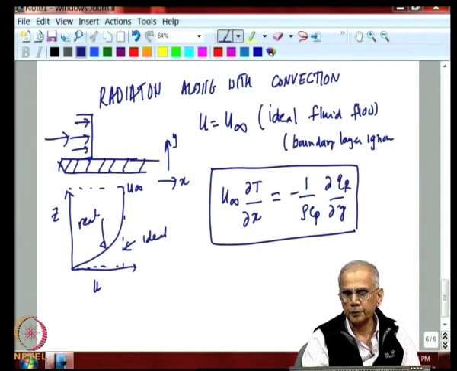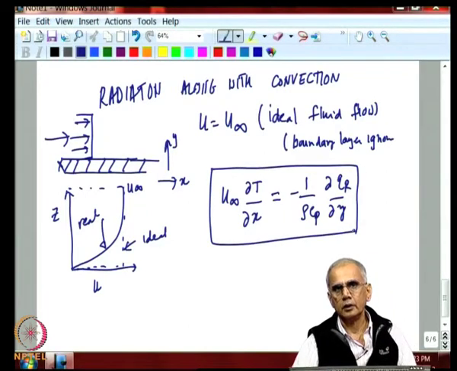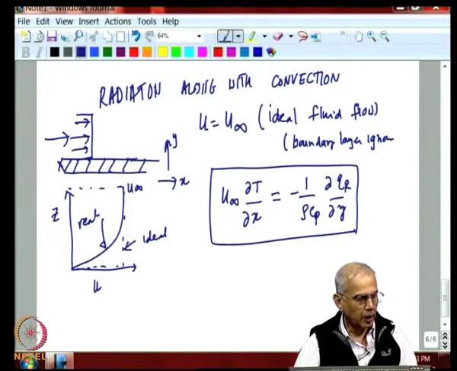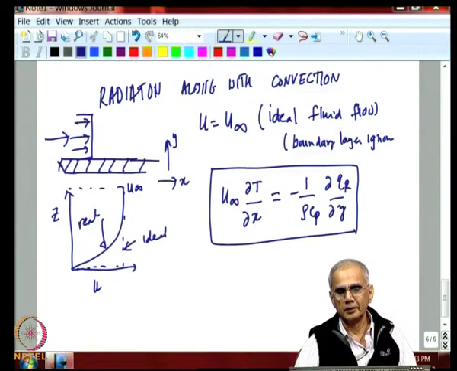So, this is the simplest problem you can solve in the context of convection radiation interaction. We cannot think of anything simpler than that. And once it provides us some insight, we can proceed to more ambitious models with more terms of the equation.